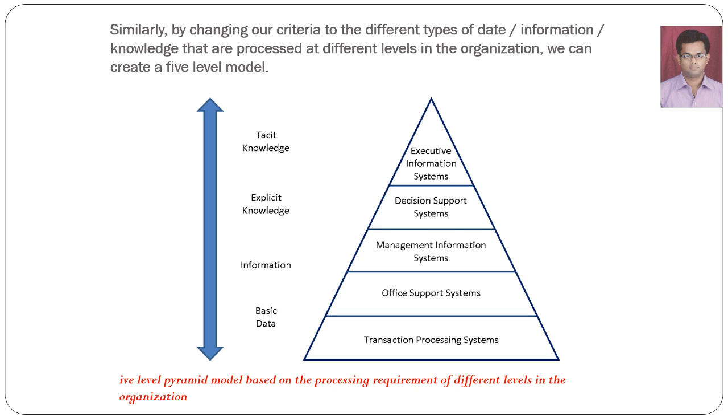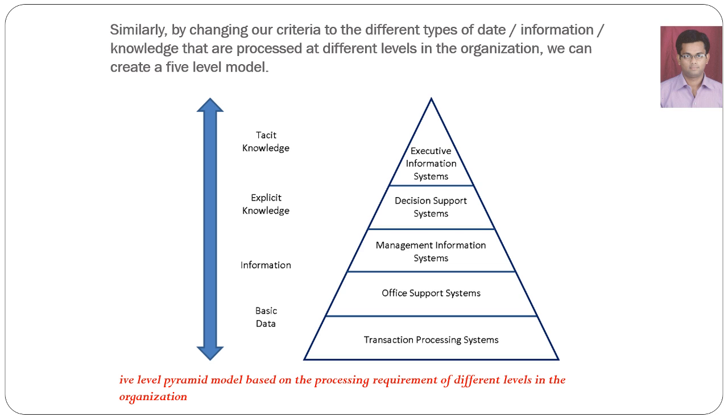Similarly, by changing our criteria to the different types of data, information, and knowledge that are processed at different levels in the organization, we can create a 5-level model. This 5-level model considers the transaction processing system at the bottom of the pyramid, then comes office support systems, then management information systems, then decision support systems, then executive information systems.